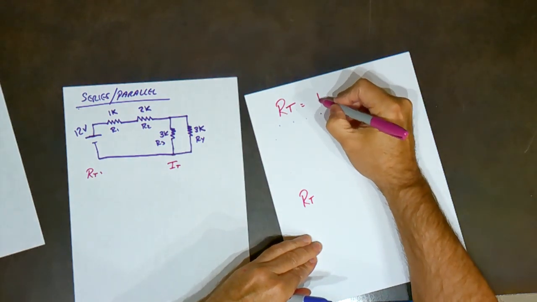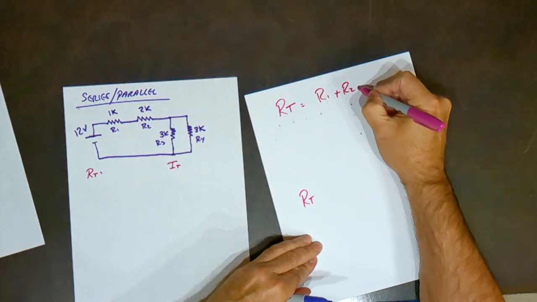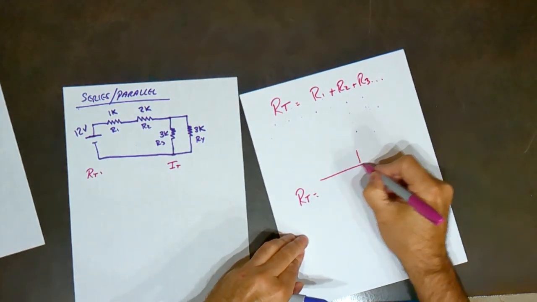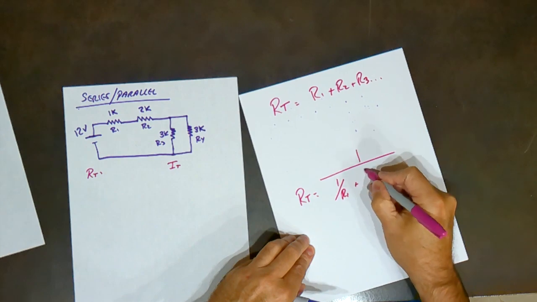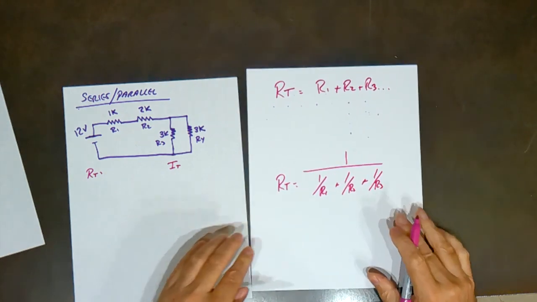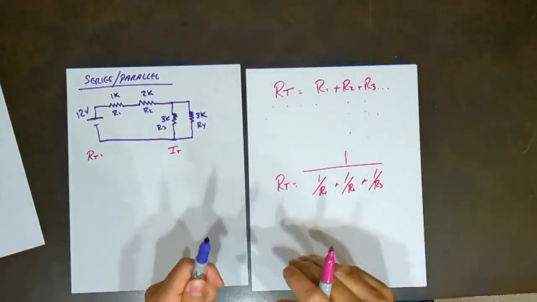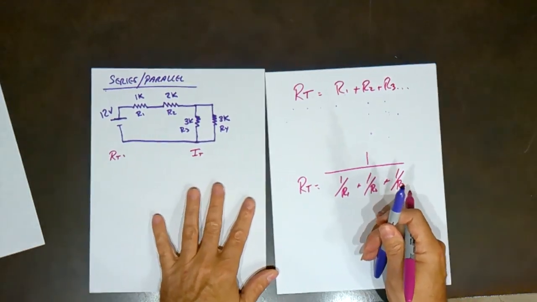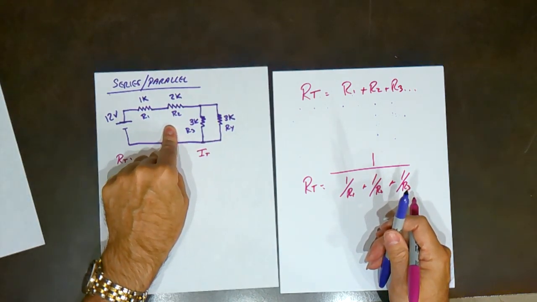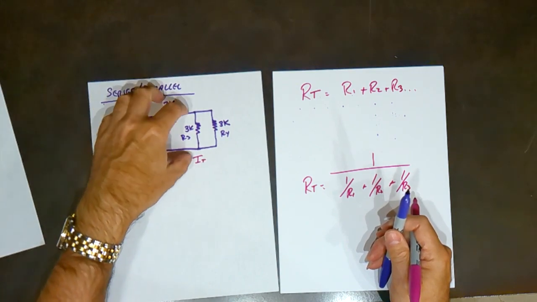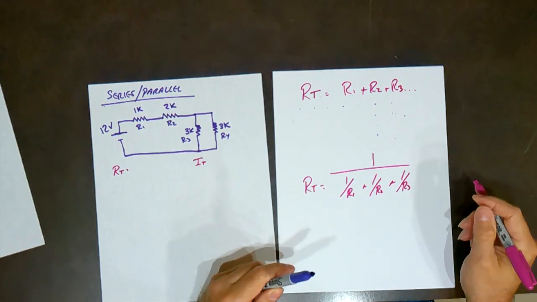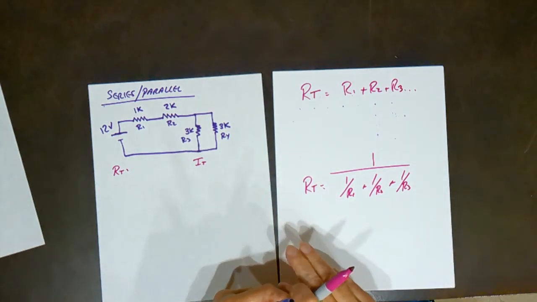For a series circuit, it's R1 plus R2 plus R3, etc. For a parallel circuit, it's 1 over R1 plus 1 over R2 plus 1 over R3. Neither one of these formulas will work by themselves when you have a series parallel combination. So what you have to do is simplify the circuit so that one of these formulas will apply.